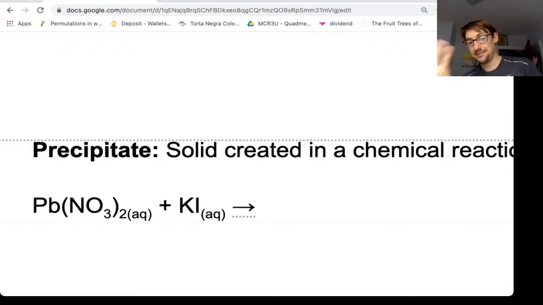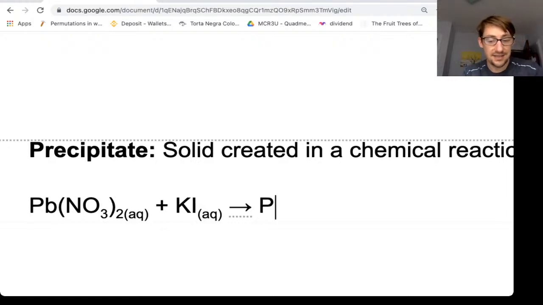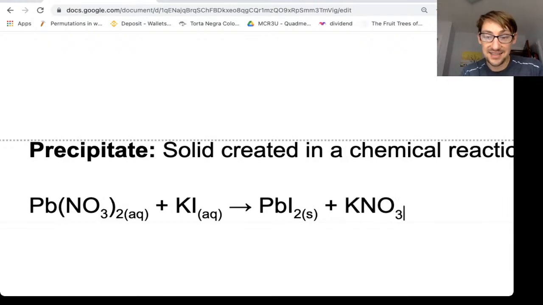The potassium and iodide ions have dissociated and they've dissolved in the water. But potassium and iodide cannot coexist in aqueous solution at the same time to any significant degree. So they get together to form a solid ionic compound. It is that solid that is produced that we call a precipitate.